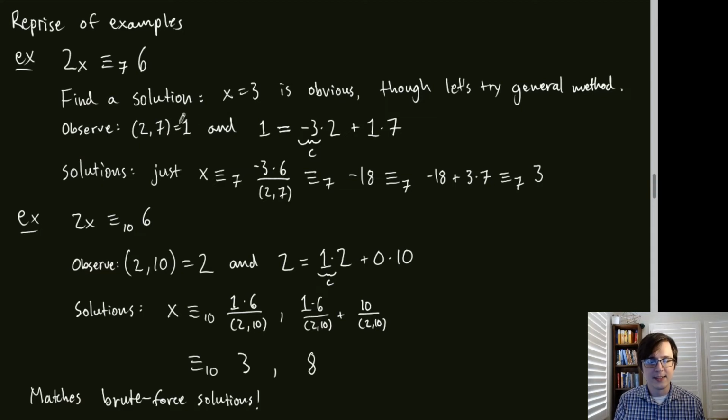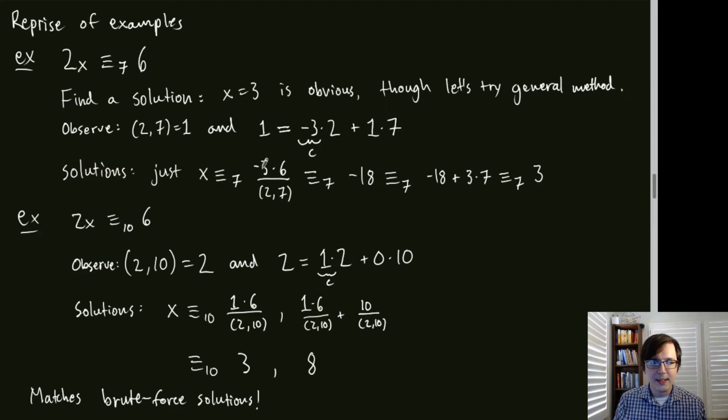So, the GCD of 2 and 7 is 1, just by looking at prime factorization, say. They're both primes. And then we can observe, well, 7 is 3 times 2 plus 1. So I just wrote this down. I didn't want to do the Euclidean algorithm right now. We'll do it again later as a refresher. So then the coefficient of 2, that is c.